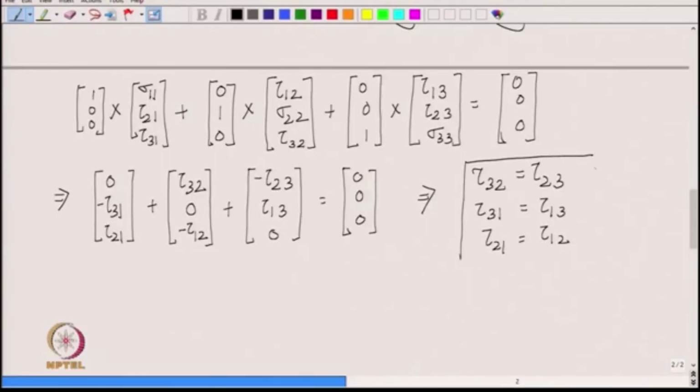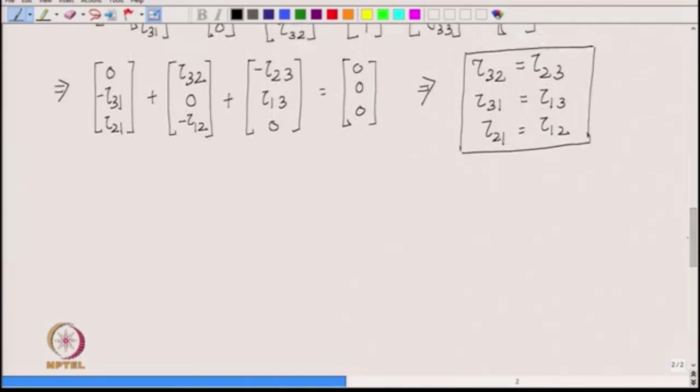So, that is the final outcome of angular momentum balance, that the stress matrix has to be symmetric. So, this implies that the stress matrix is always symmetric.